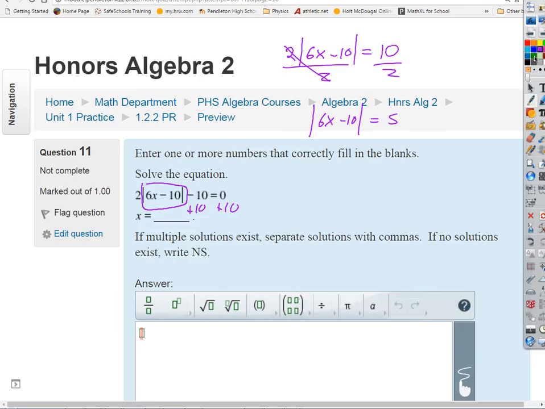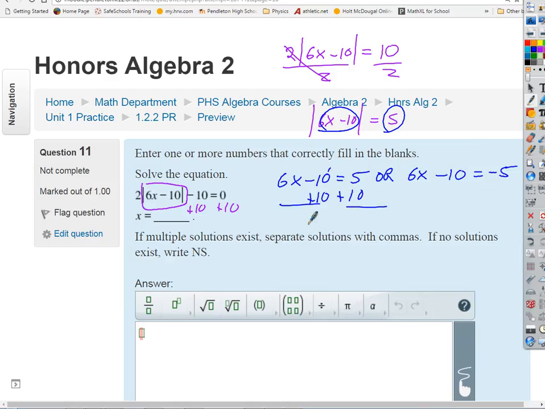And so now we can make our trade. We got the absolute value by itself on the left, so whatever's inside equals 5 or negative 5. Add 10. 6x equals 15.